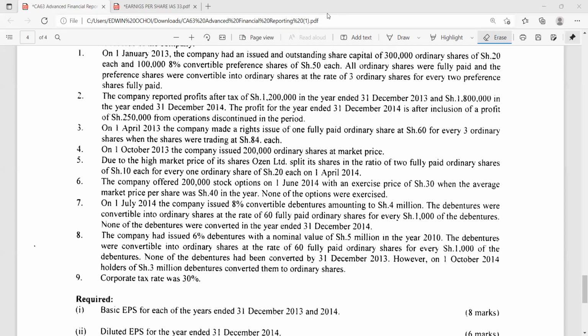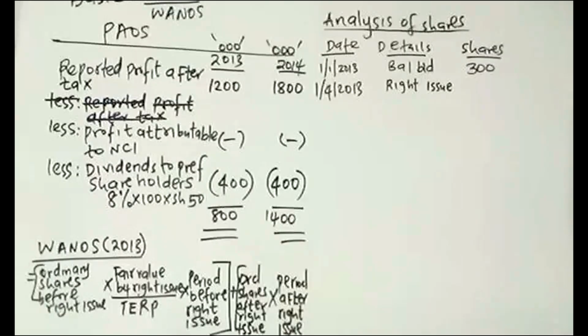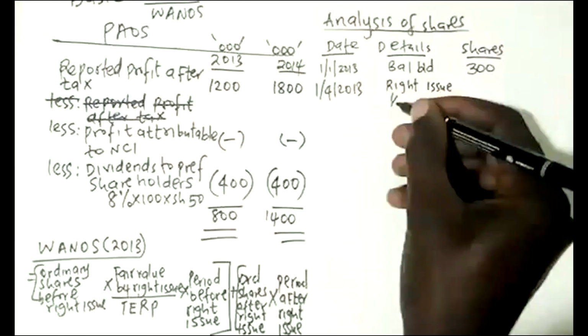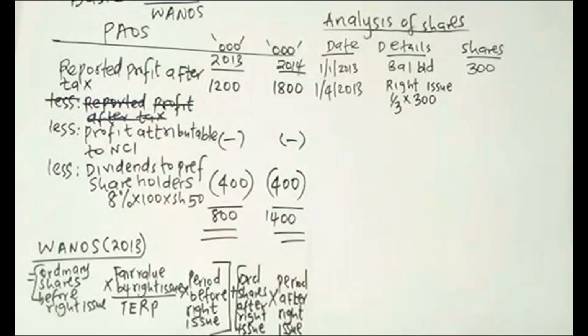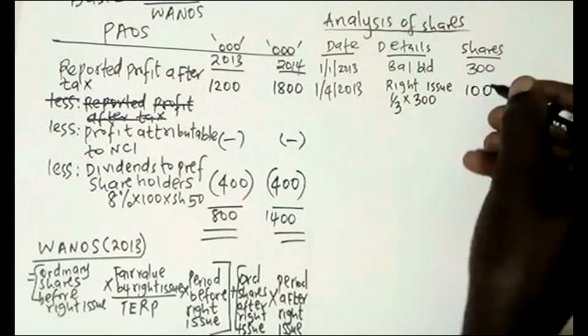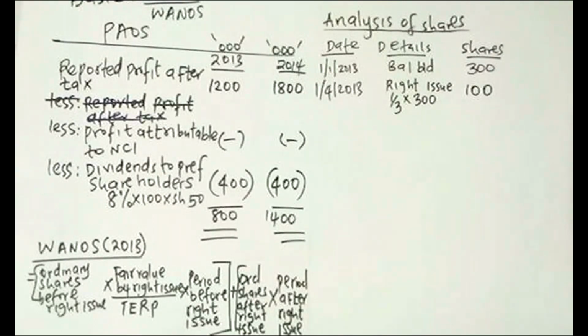The proportion is 1 ordinary for every 3 which were outstanding. The outstanding ones are the 300. So how many shares did the entity issue through the right issue? We have 100. Let's check if there are any other shares issued in the year 2013.